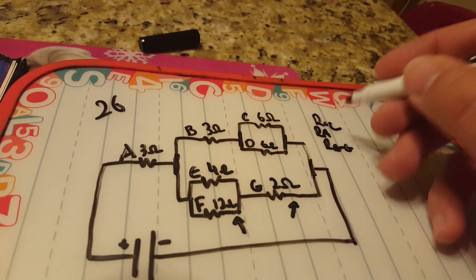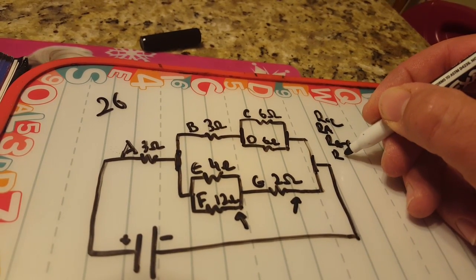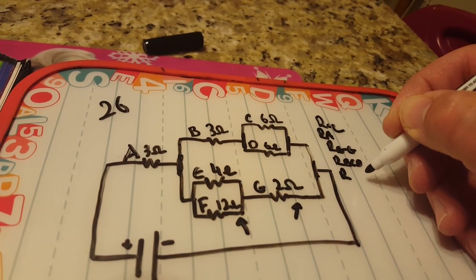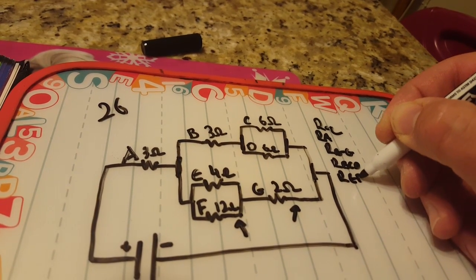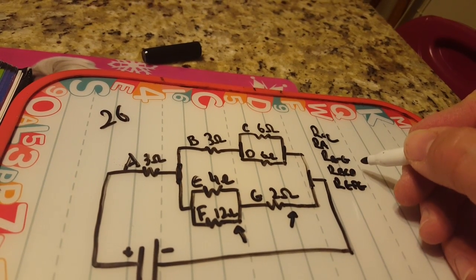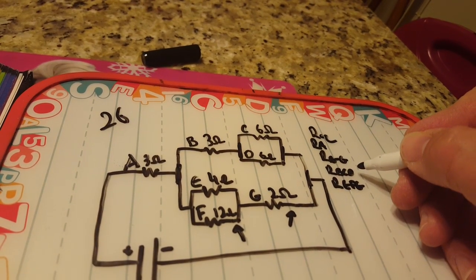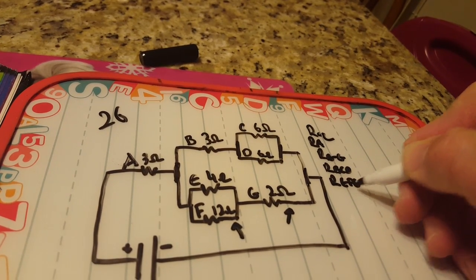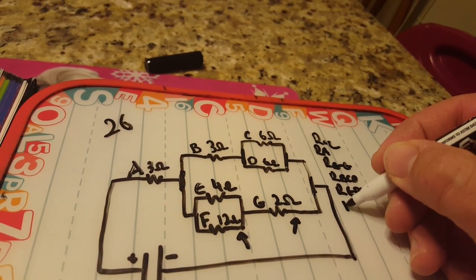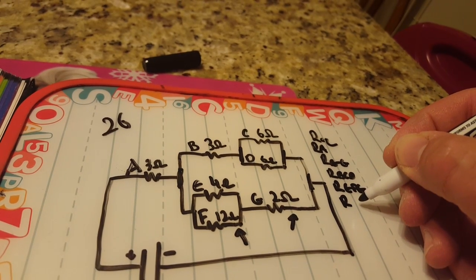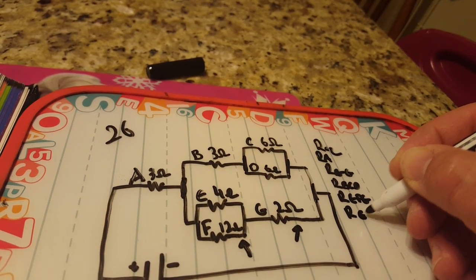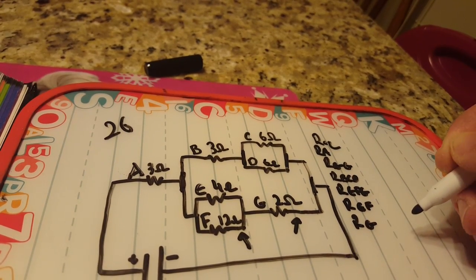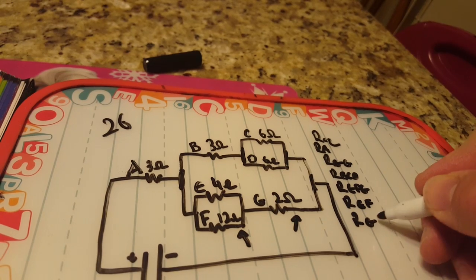Break B through G down into resistors B, C, D, and resistors E, F, G. Now, let's basically ignore B, C, and D for this problem because we really care about F and G. Inside that, we have resistors E and F, and resistor G, so that's in a series with each other.